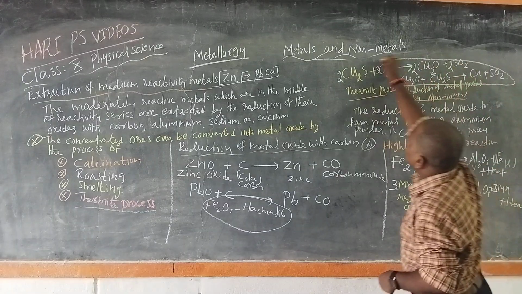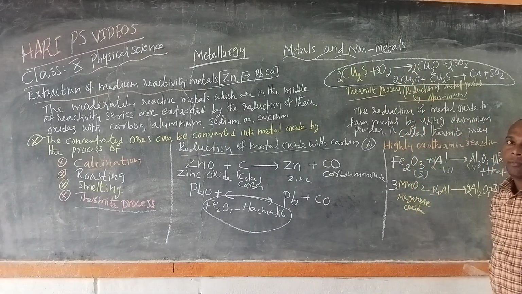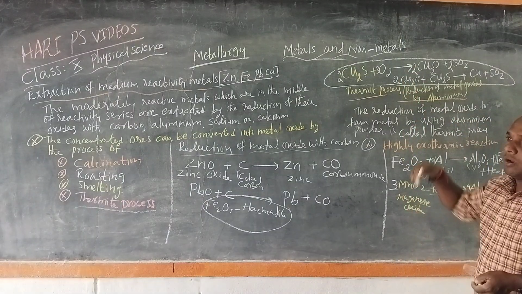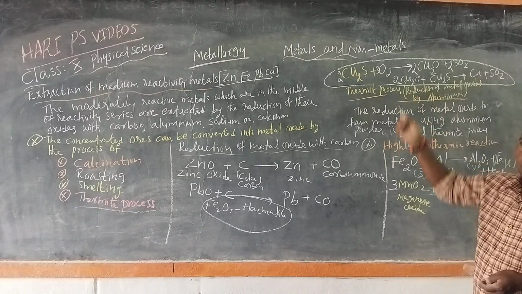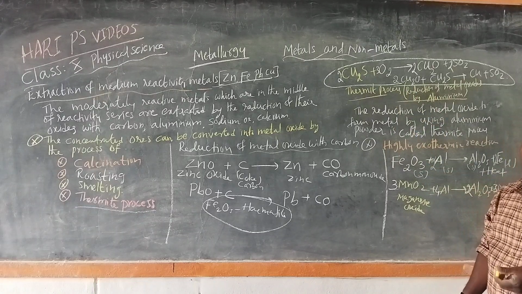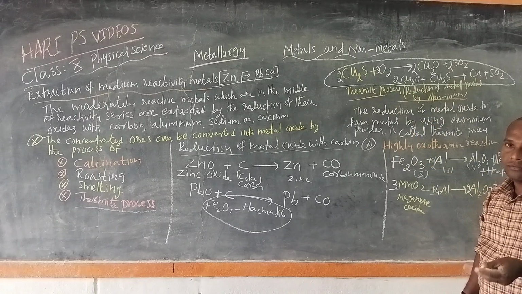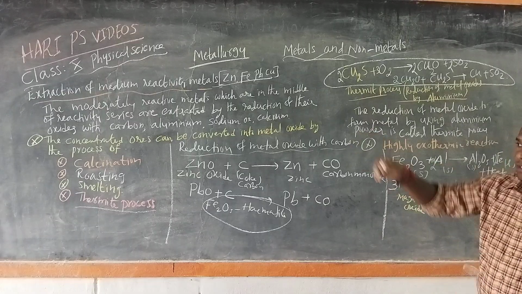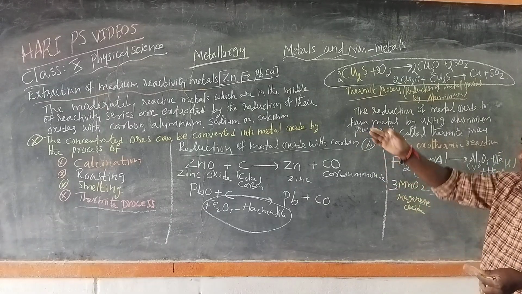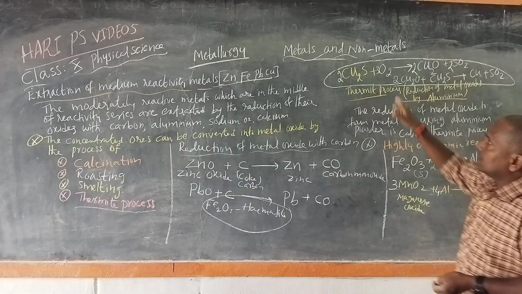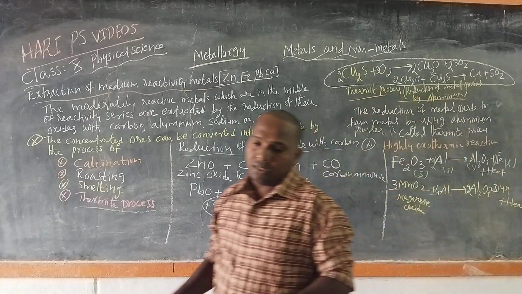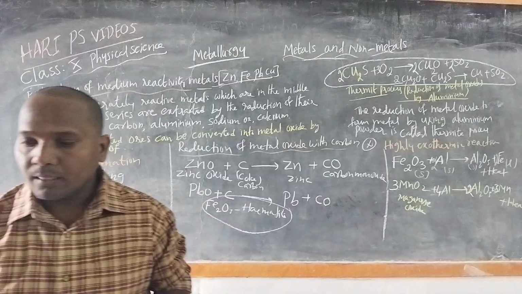So here the copper sulfide ore is involved in self reduction when we heat it in the partial supply of oxygen or air. This partial roasting, we will discuss what is meant by roasting, calcination and smelting. This is self reduction.